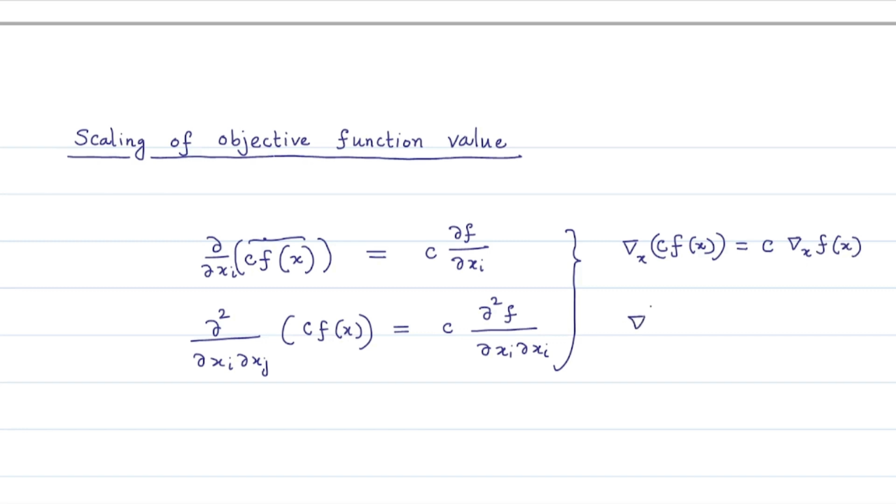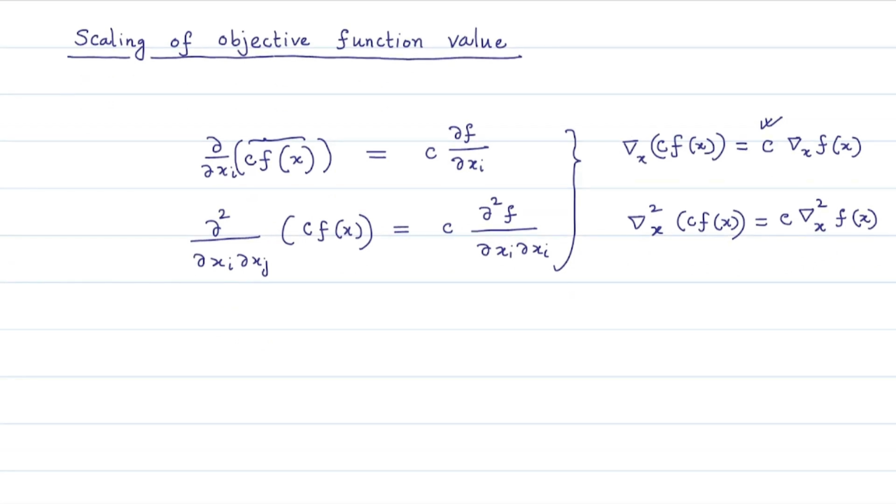And similarly for the Hessian calculation, you will have c times the Hessian matrix with respect to the variable x. So while calculating the descent direction of the scaled function, cf, we need to take care about this constant factor, and while calculating the Hessian matrix of this scaled function cf, we need to take care about this constant factor. So just a quick look at the effect of this scaling of objective function value.